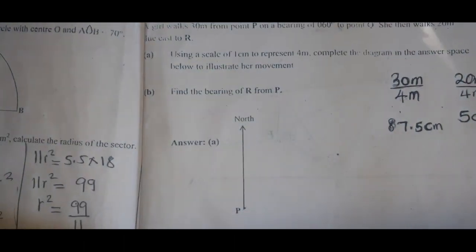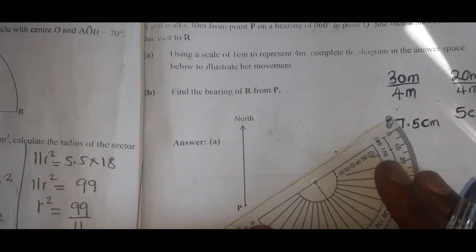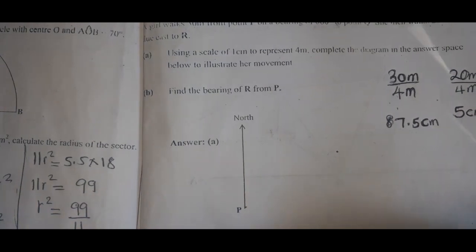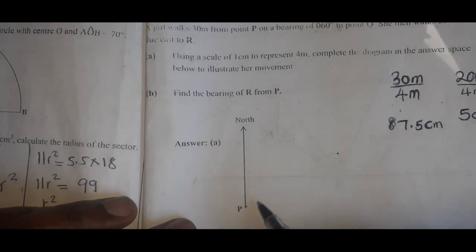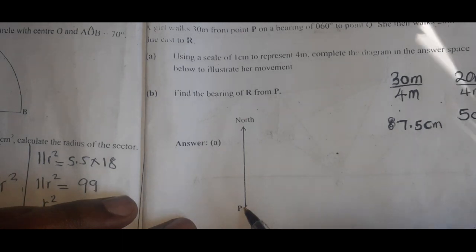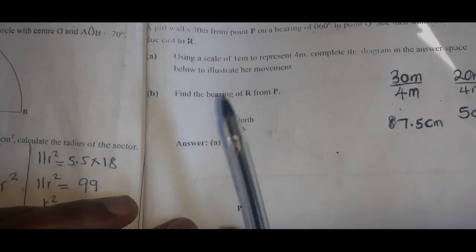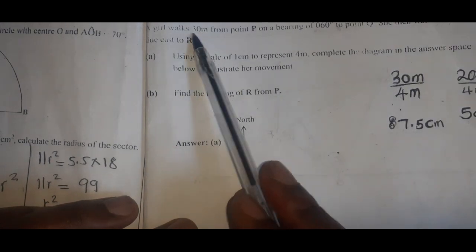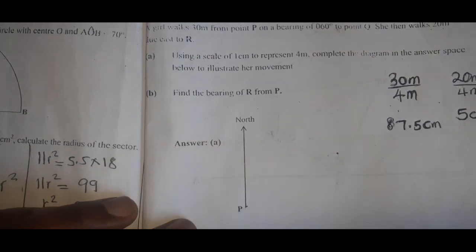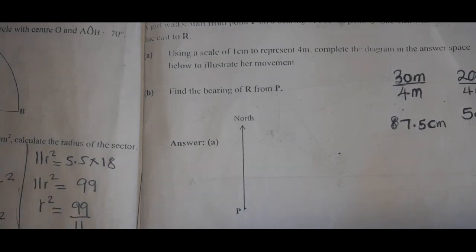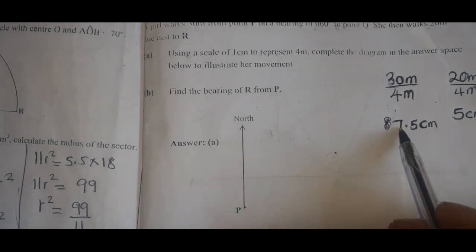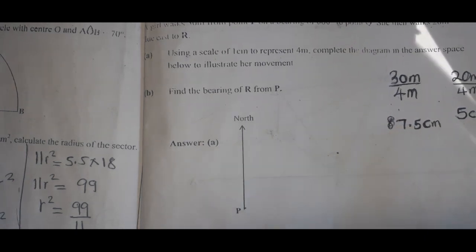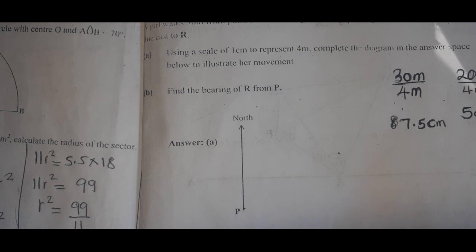Okay. That is where our 60 degrees is. Now, take note that this is the angle, 60 degrees, but then the distance from P to Q is 30 meters. That is in meters. Then in centimeters, it is 7.5 centimeters.